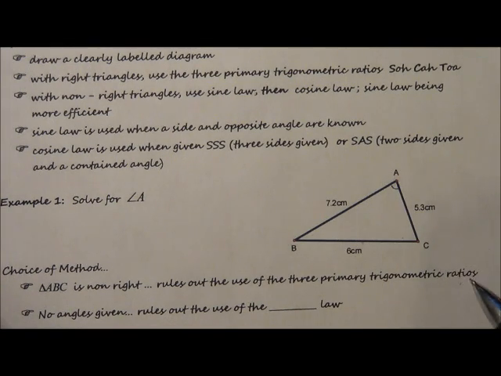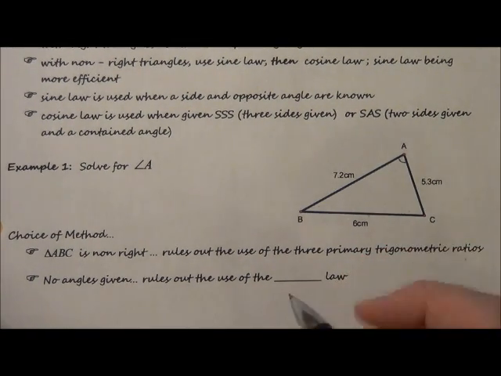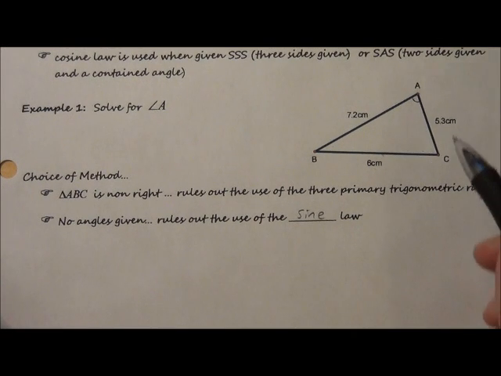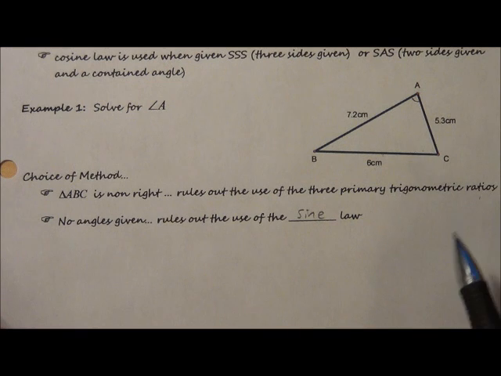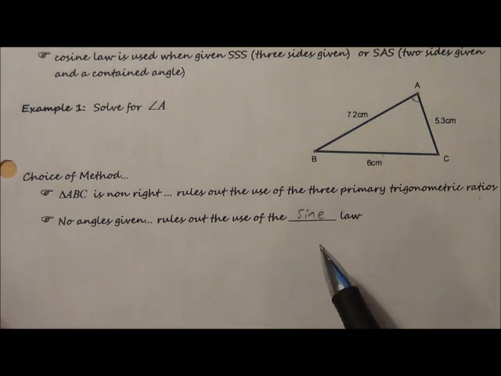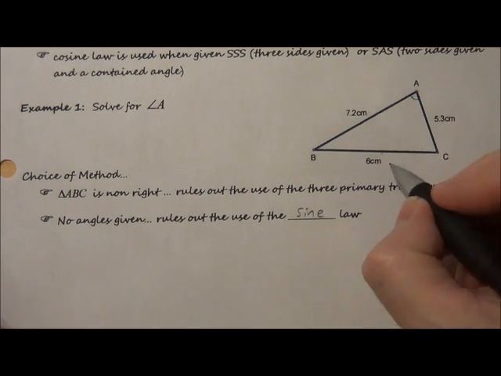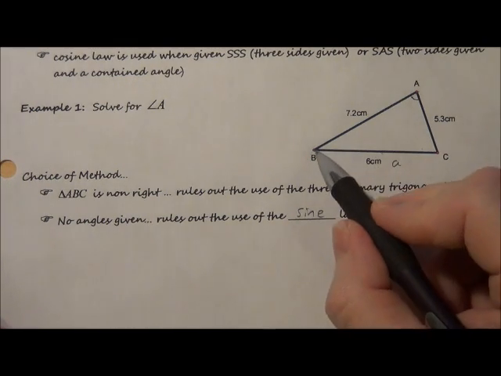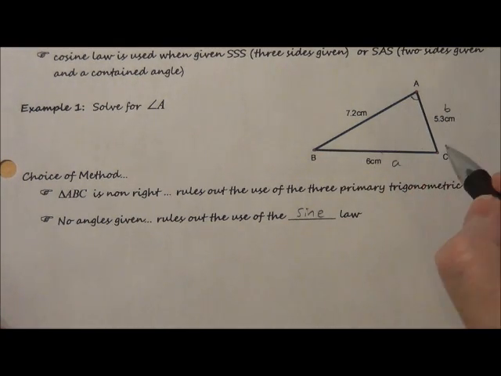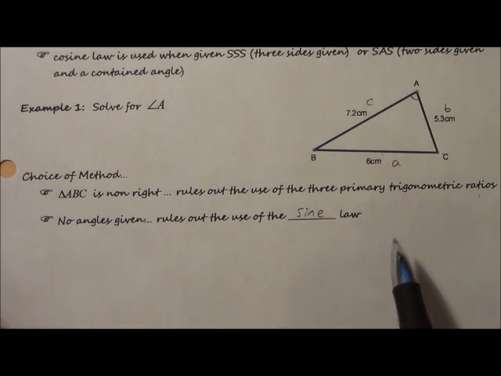So because of that, that rules out the sine law, which means we need to use the cosine law. And if we're trying to find the measure of angle A, that means we have to use the form of the cosine law that would solve for angle A. So across from the vertex A is side a, across from vertex B is side b, and across from vertex C is side c, all with lowercase letters.